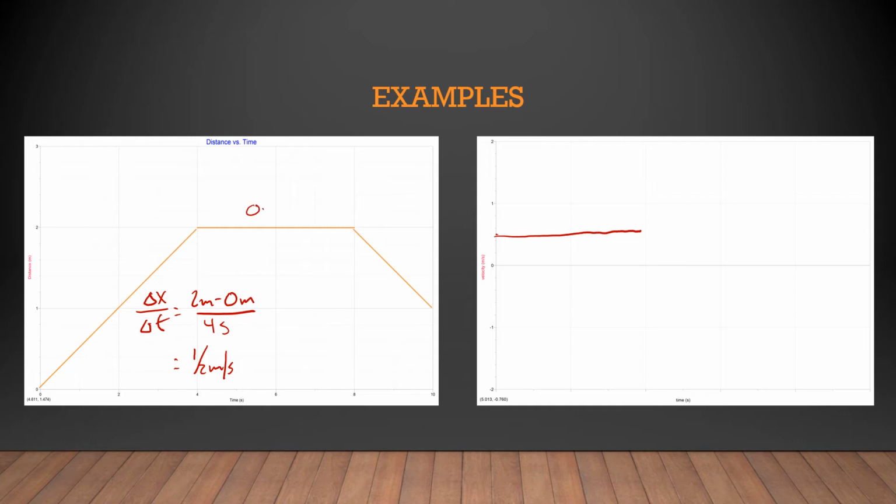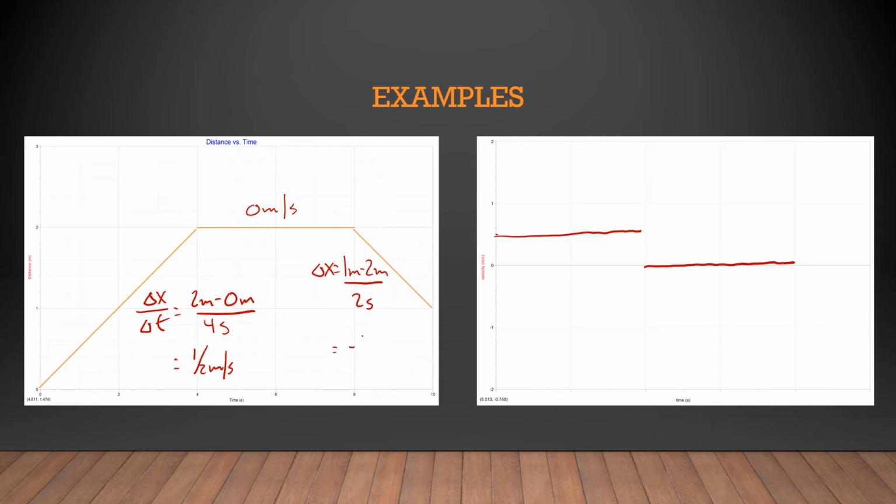For the next two sections, we're not moving anywhere. My velocity is going to be 0, so I'm going to put that down here. And then for the last section, we moved from 2 to 1. That means delta x is now going to be 1 meter minus 2 meters, and we divide that all by 2 seconds.